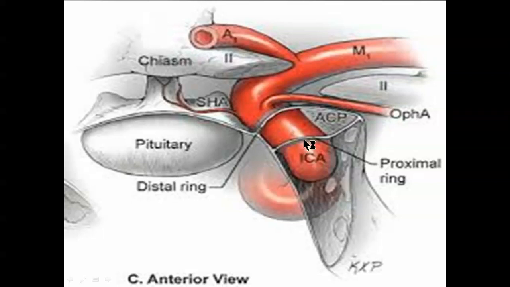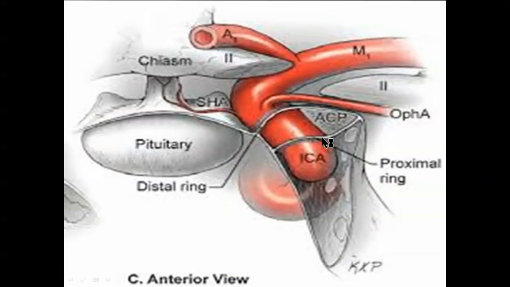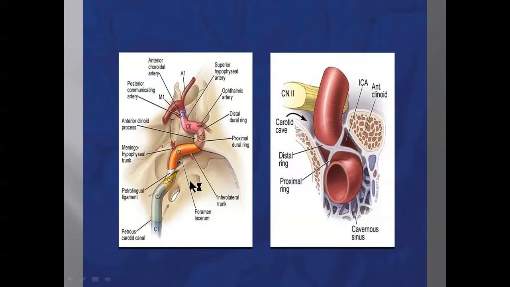It was simply left out. But Bouthillier named this segment as the clinoid segment, where we have the proximal dural ring and the distal dural ring. Once the internal carotid artery passes this clinoid segment, it enters the subarachnoid space. So here we can see the clinoid segment, and this whole area would now be in the subarachnoid space, that is intradural, everything.